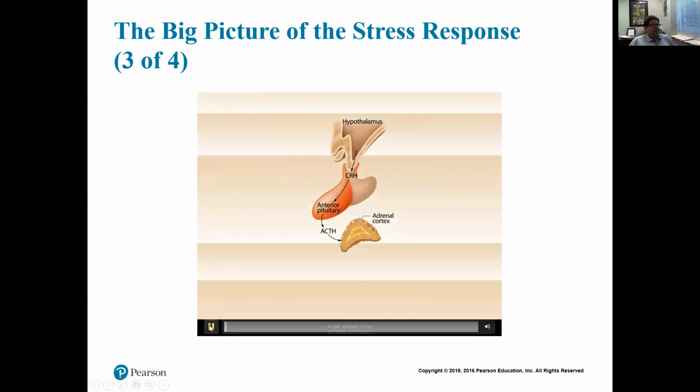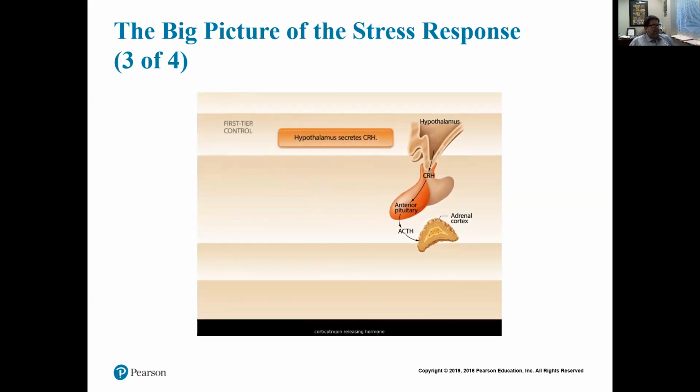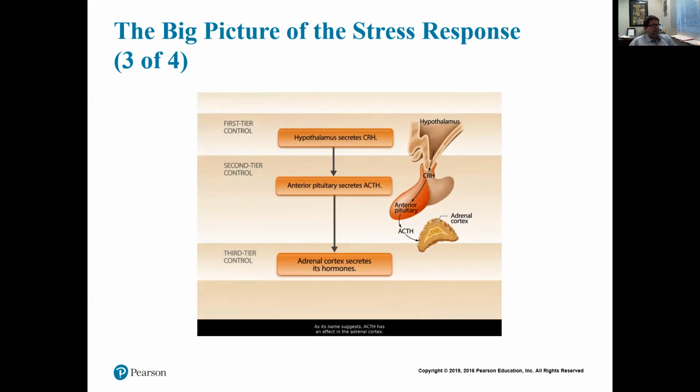As we learned in the previous animation, corticotropin-releasing hormone from the hypothalamus stimulates the anterior pituitary gland to secrete adrenocorticotropic hormone, or ACTH. As its name suggests, ACTH has an effect in the adrenal cortex. The adrenal cortex is the outer region of the adrenal glands, which are located superior to the kidneys.